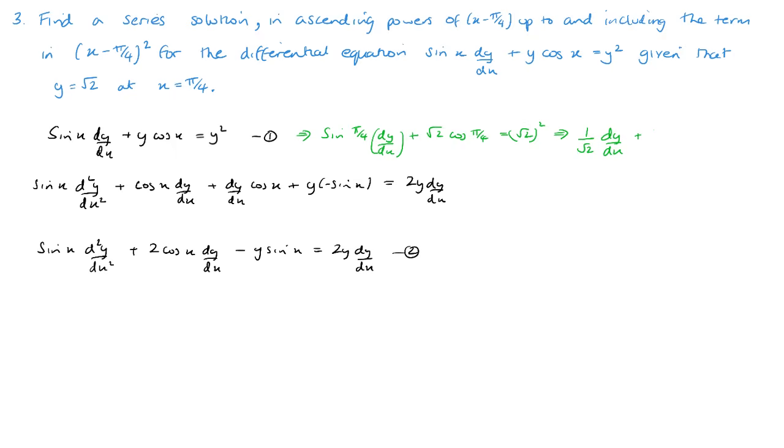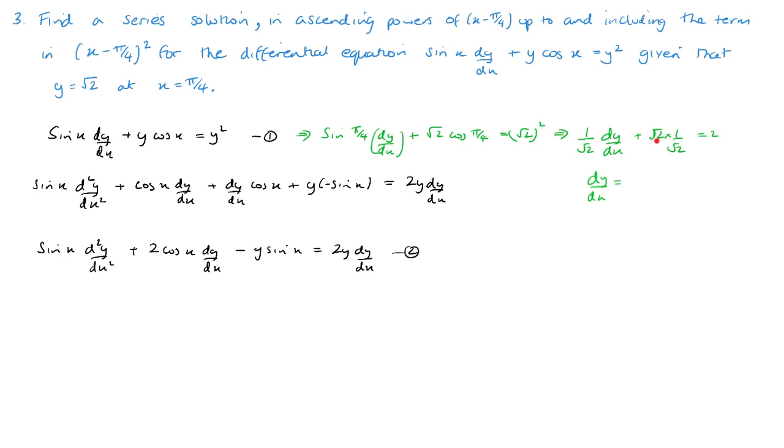Okay, so this is root 2 times 1 over root 2 equals 2. So we've got dy by dx is going to be, so this is going to be 1.